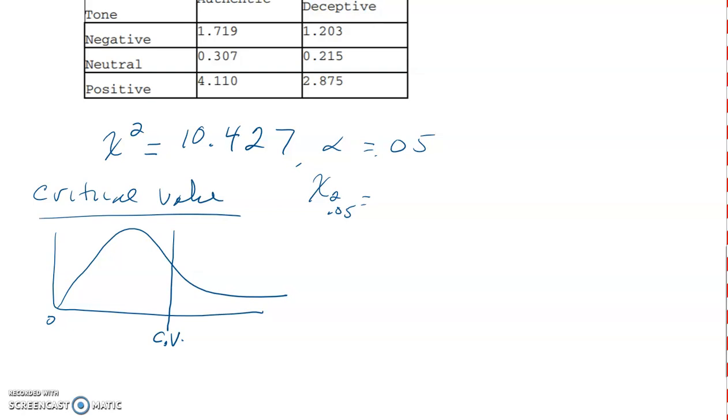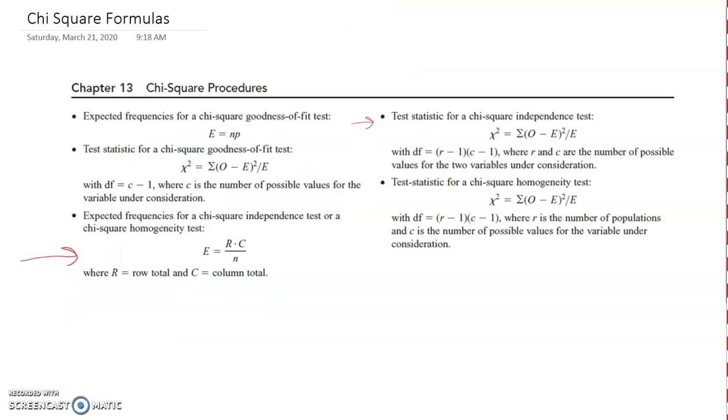So let's stop for a minute real quick, go back to our formula sheet, and look up degrees of freedom for a test for independence. It's going to be the number of rows minus 1, times the number of columns minus 1. That's right underneath your test for independence chi-square formula.